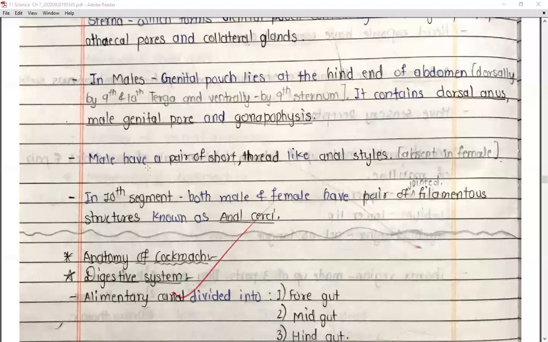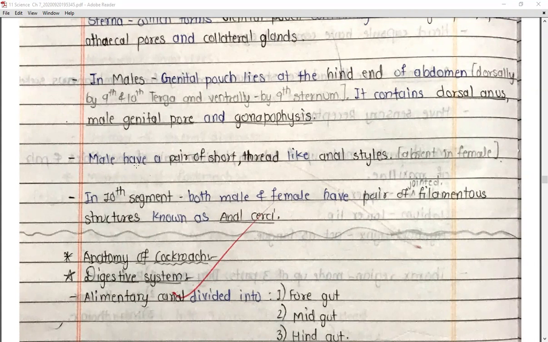Next, the male has a pair of short thread-like structures, and those are called anal styles, right? See, this is one of the important points by which you can differentiate whether it is a male or a female cockroach.